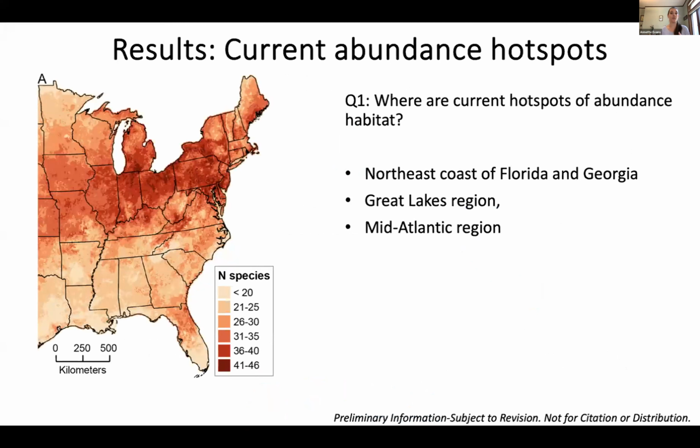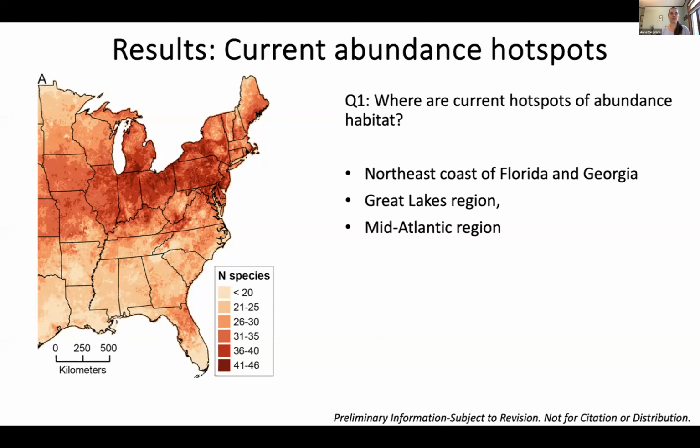Here, I'm just going to jump right into the results and show you where the current hotspots of abundance habitat are. By abundance habitat, I mean areas that are climatically suitable to support abundant populations, or populations that can reach about 5% cover at least. Again, to start off with, we're focused on the East Coast of the United States. Here I'm showing you that East Coast region, and the darker the red color of this map, the greater the number of species that are likely to be able to establish high abundant populations in these areas.